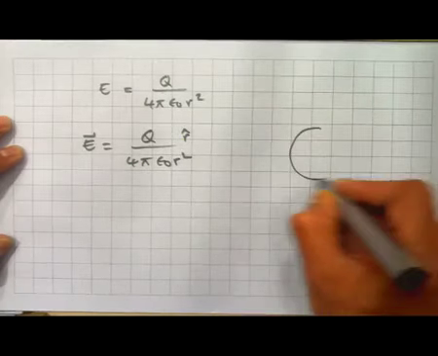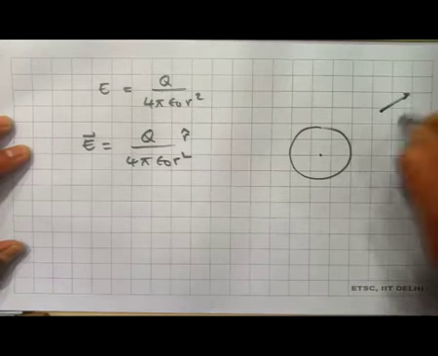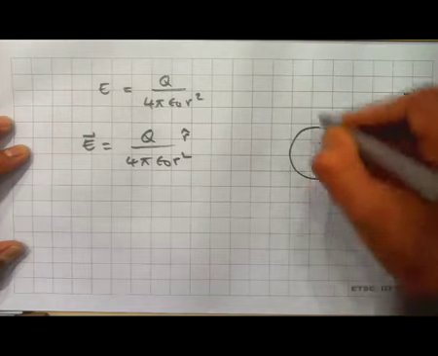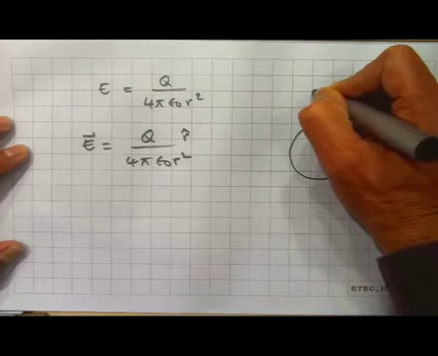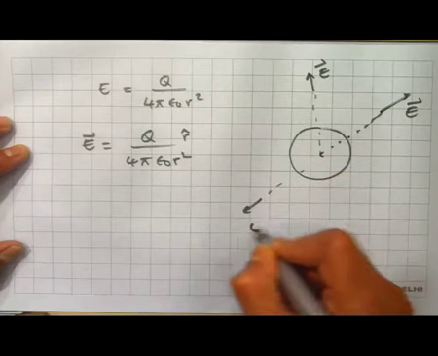So, this is my charged sphere and the electric field at this point is along this line. The electric field at this point is along this direction, electric field here is along this direction.